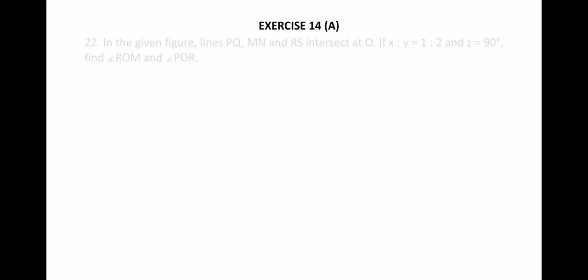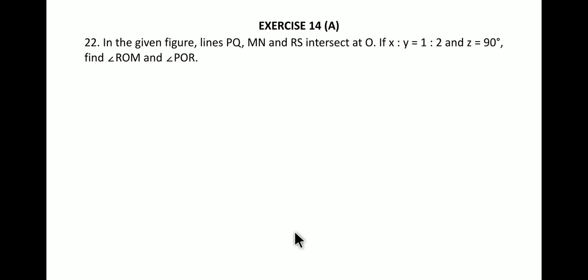Next is question number 22. In the given figure, lines PQ, MN and RS intersect at point O. This point is the point of intersection, which is named as point O. These are the angles which are marked as x, y and z degrees.